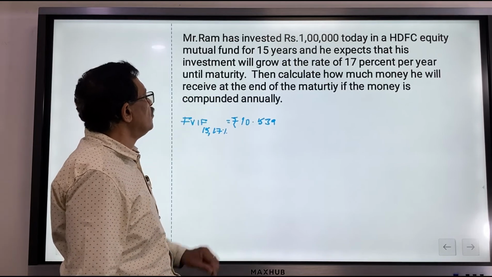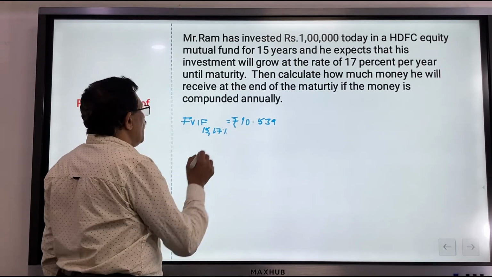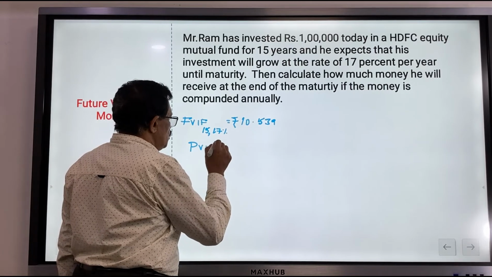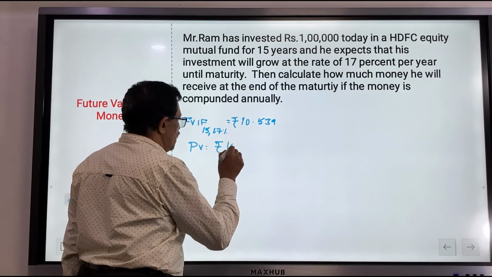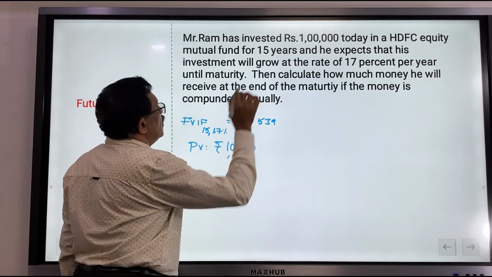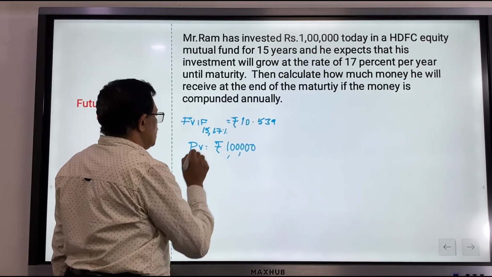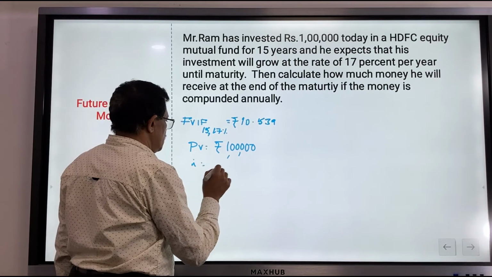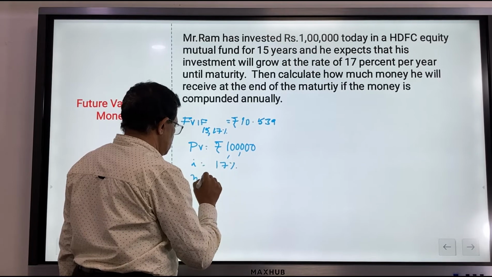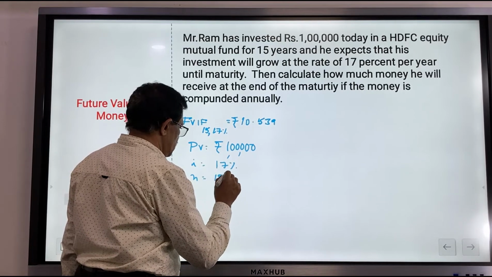Now in this problem, we know that the present value is rupees 1 lakh, the interest is 17% and the period is 15 years.